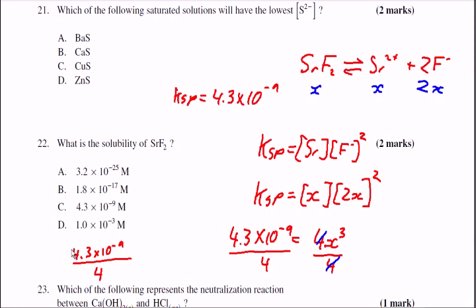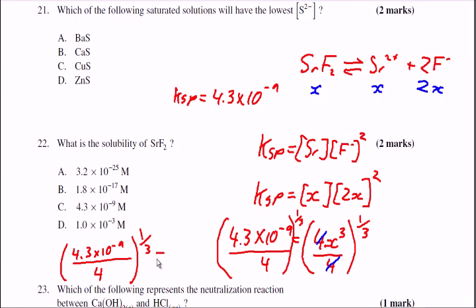And then I'm going to do this to both sides, to the power of 1/3, and that is going to equal x. Okay, and x happens to be the solubility of SrF2, or strontium fluoride.